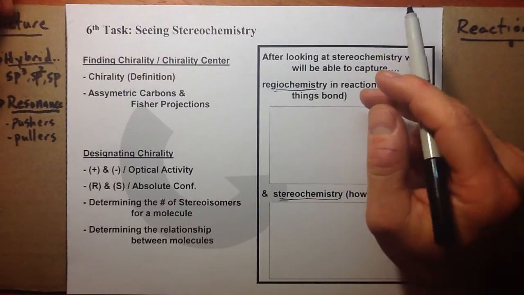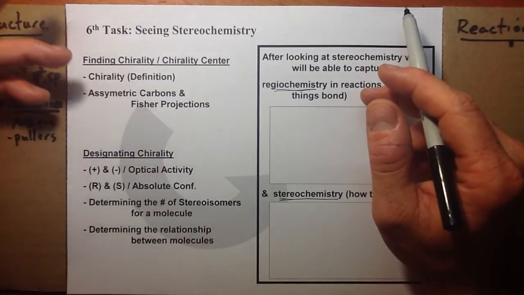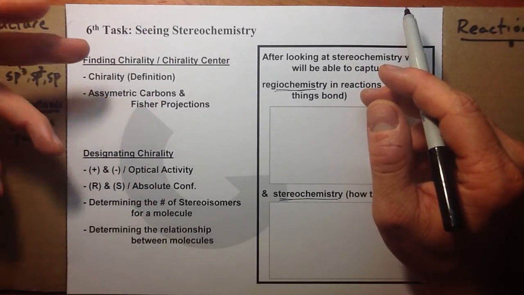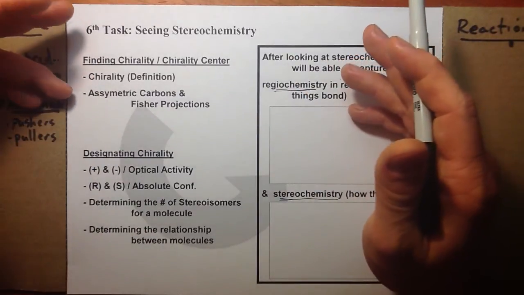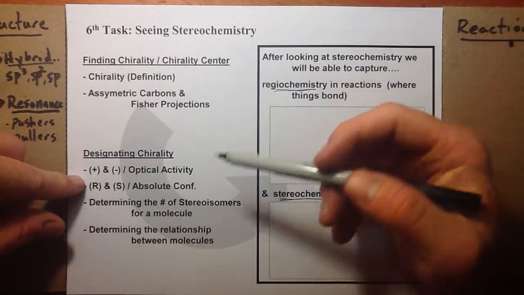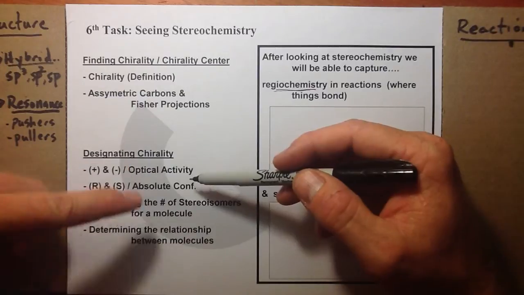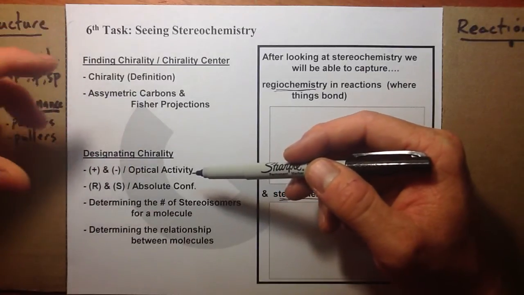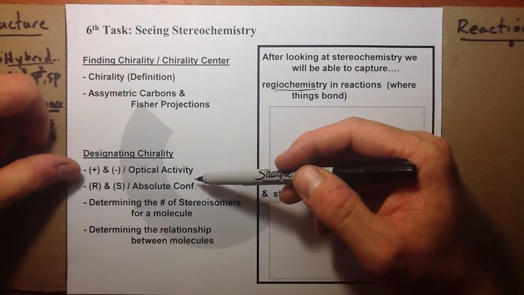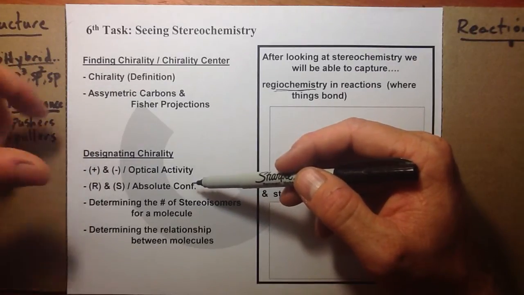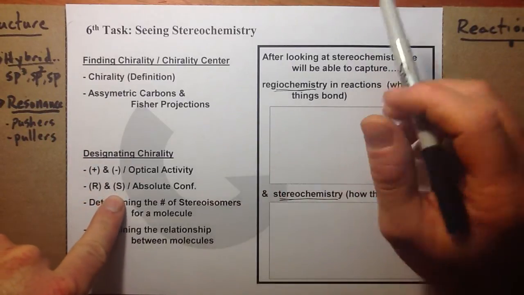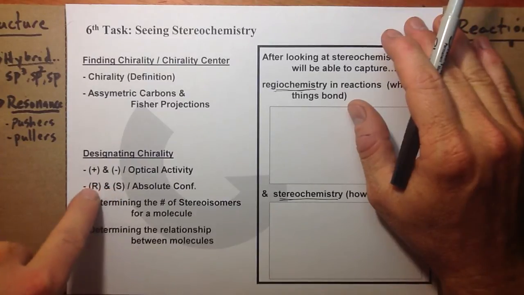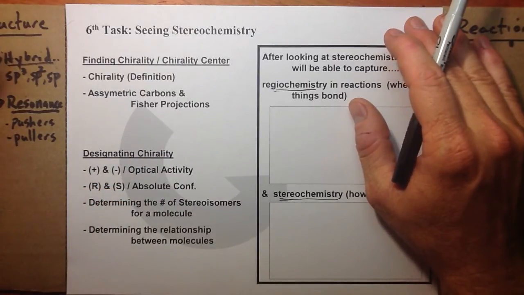So we have 3 videos left, or presentations, 10, 11, 12, and the first one in unpacking this box on stereochemistry is just going to look at what is a chiral molecule, how do we find it. The second one is going to look more at how do we designate it, not by optical activity, because chiral molecules are optically active, but what is the absolute configuration, R and S, Cahn-Ingold-Prelog notation, what is the fitting stereochemical descriptor, R and S, for a particular atom or source of chirality in a molecule.